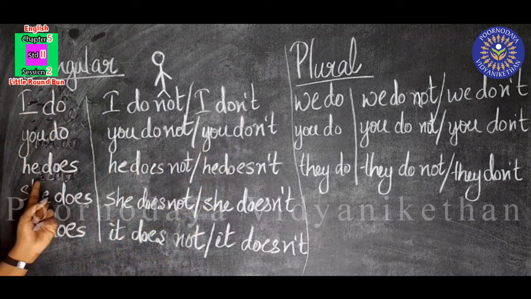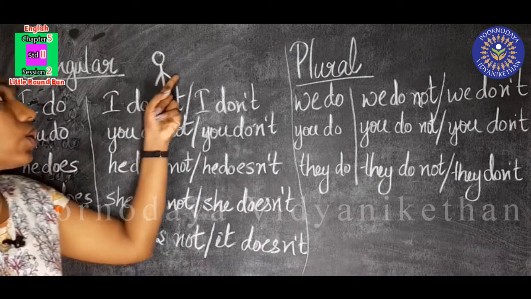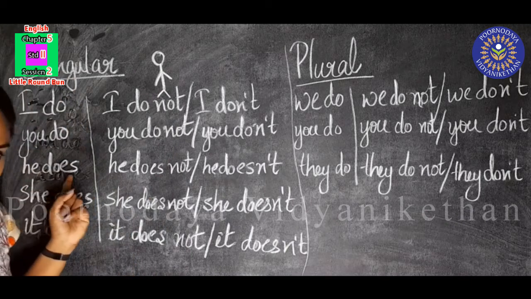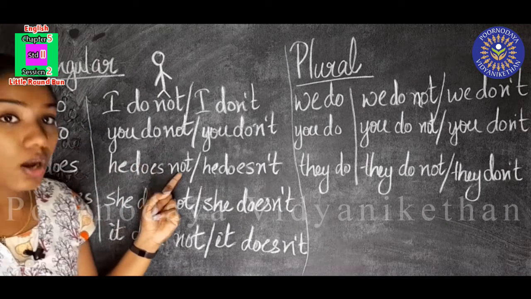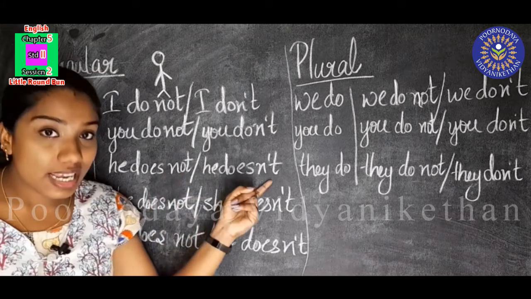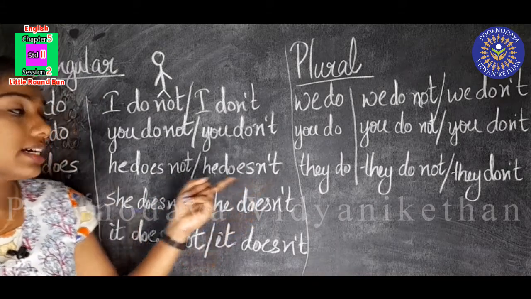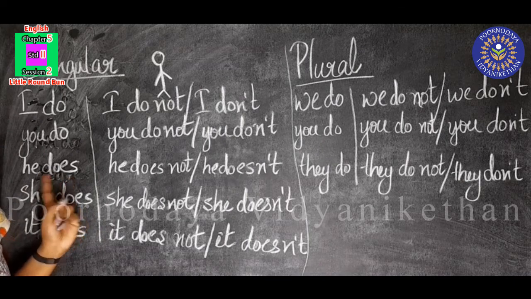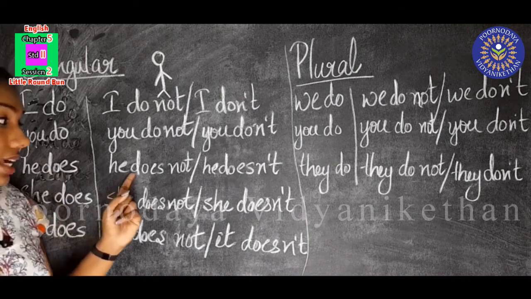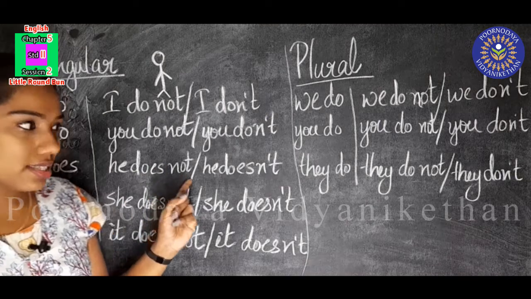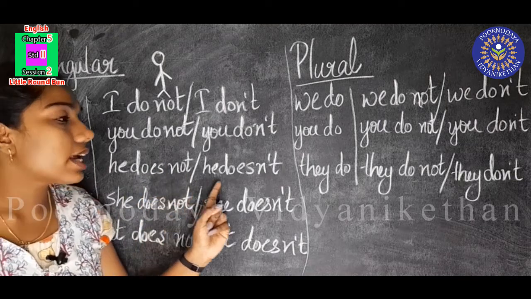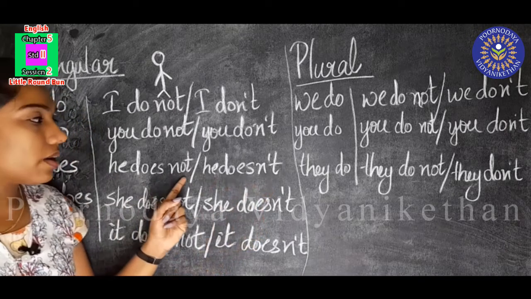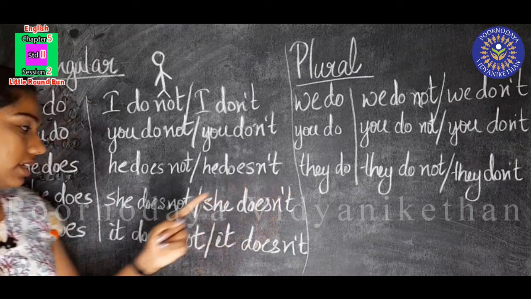Now, he. He means one person. He does not, or he doesn't. When we start a sentence with he, we use does. He does not and he doesn't are the same.